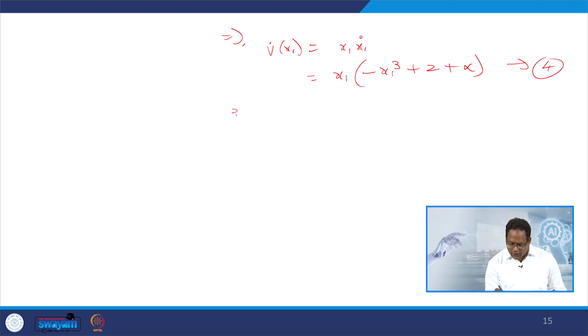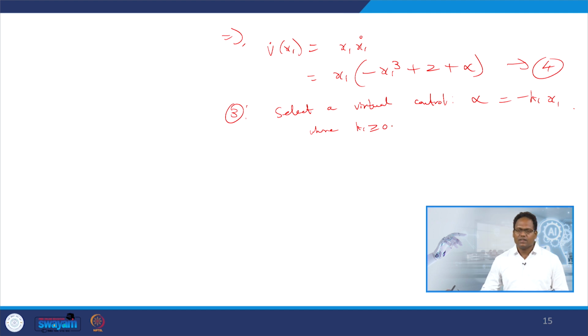Now, step 3 is to select a virtual control, that is alpha, which is equal to minus k1 x1, where k1 is greater than or equal to 0.